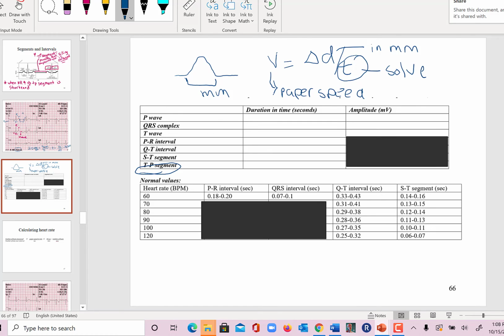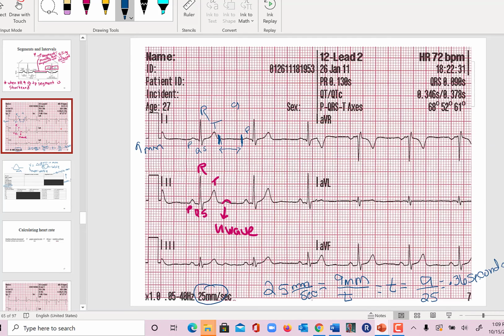Amplitude. When you measure amplitude for these waves and complexes, you're going to measure the millimeters vertically. For every millimeter, this equals 0.1 millivolts. Let me show you this here. Here's my baseline for the AVR, and here is my QRS.